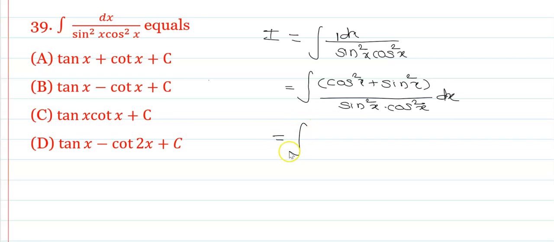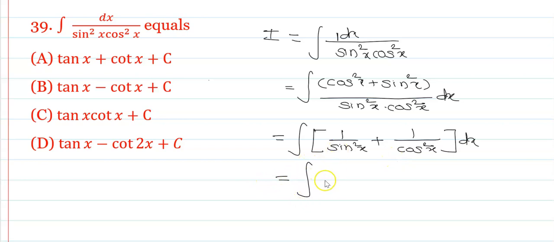Now split this up. We split it up as cos square x upon sin square x into cos square x. Cos square gets cancelled, and you will get 1 upon sin square x, plus again sin square x upon sin square x into cos square x. Sin square gets cancelled. You will get 1 upon cos square x. This bracket is completed. And next, 1 upon sin square x is cosec square x.